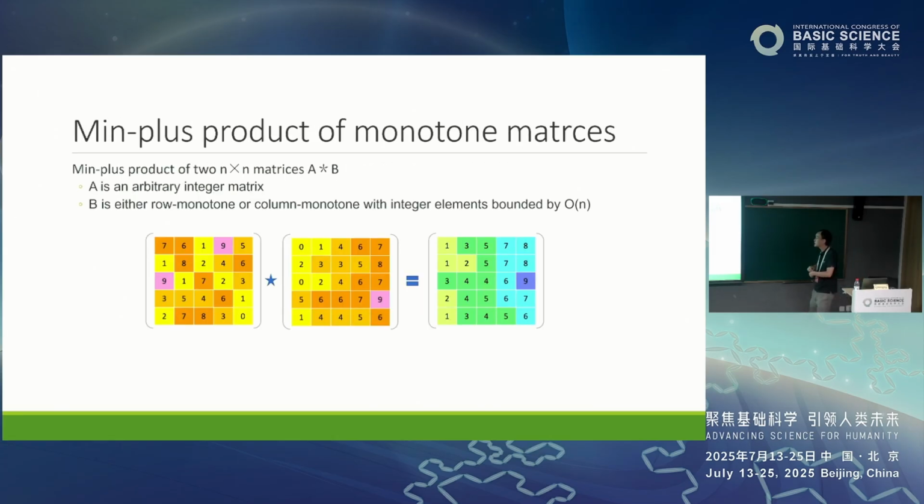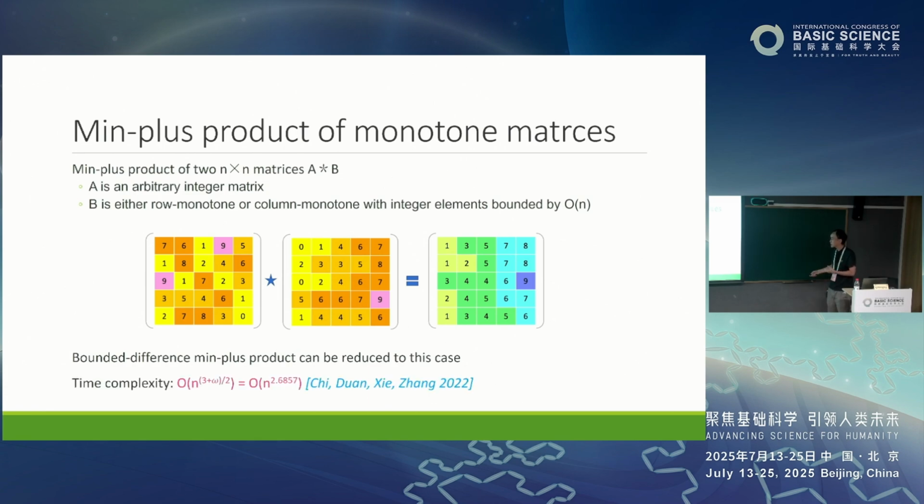Also, for the more general case, we can consider the min-plus product of monotone matrices. It's a more general case, and now we have an algorithm that also reaches this bound, (3 plus omega) over 2.